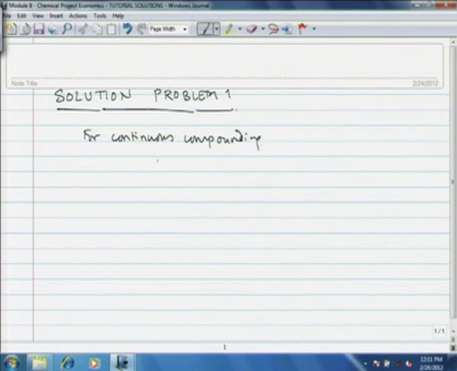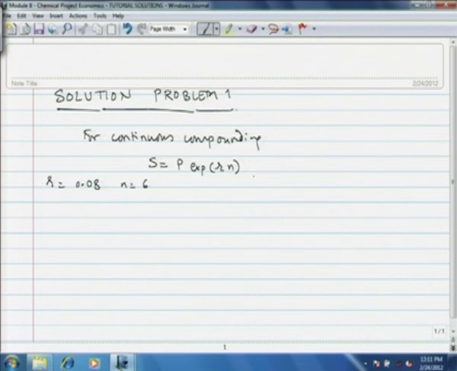the sum S over principal P gathered in a certain amount of time is given as P into exponential R into N, where R is the interest rate and N is the period of interest. Here we are given interest rate of 8%, R is 0.08 and N is 6 years.